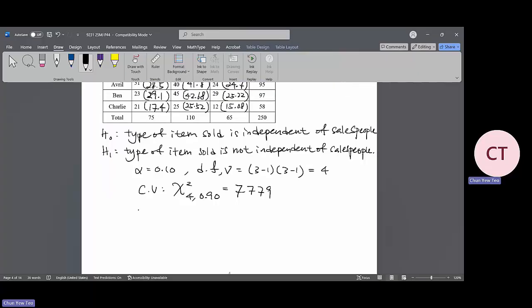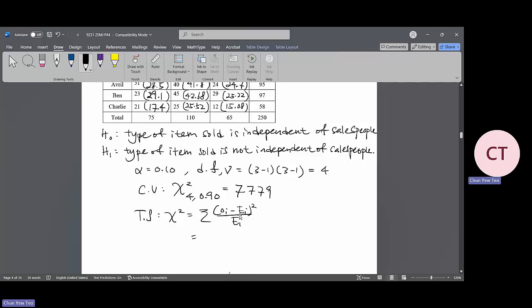Now we want to find the test statistic. So this one is a bit troublesome. So the test statistic is a chi-square. The formula for chi-square is the sum of (Oi minus Ei) squared divided by Ei. Okay. So we just write like this to save our time showing them one by one.